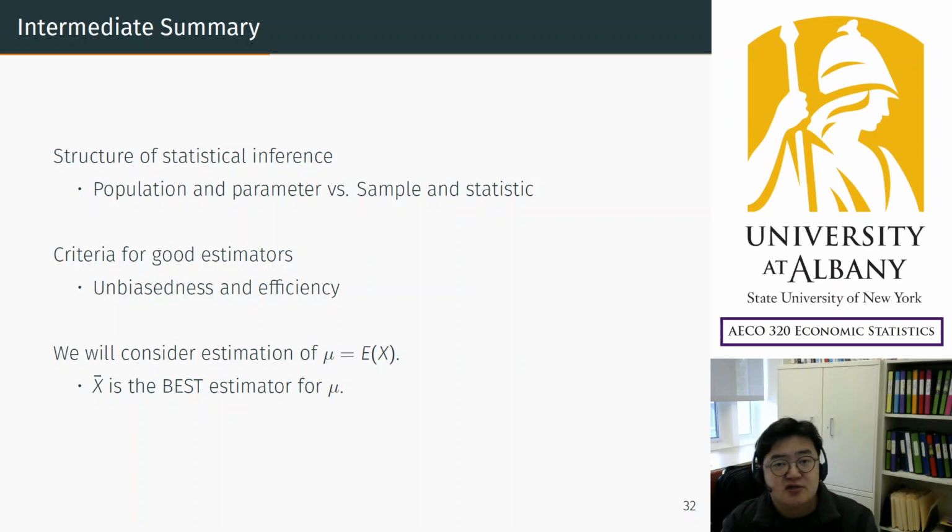I suggested two criteria, unbiasedness and efficiency. Based on these two general criteria, if you apply them to the estimation problem for the population mean, we can conclude that the sample average is the best estimator.